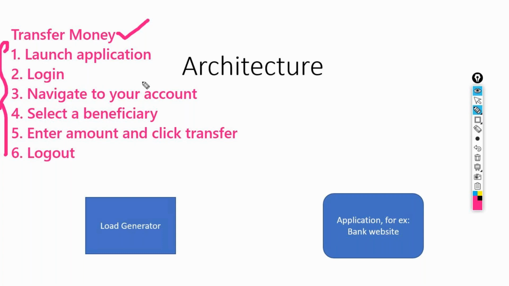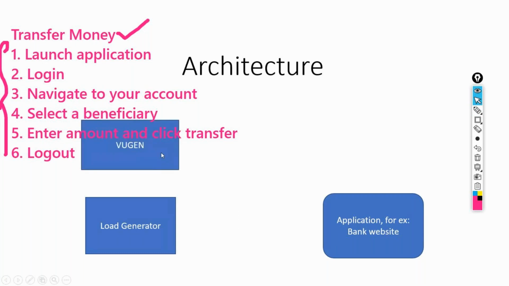The virtual users will go and replay or execute those scripts as many times as required. So what is the component that we are looking for? The component that we are looking for is VuGen. VuGen is a component using which we will record, develop, or generate a script for the workflow or scenario.